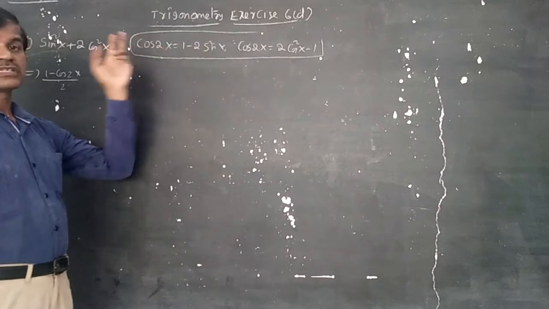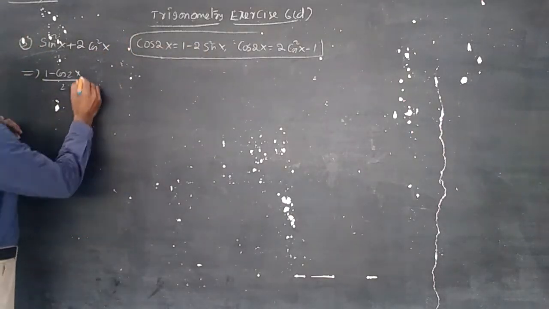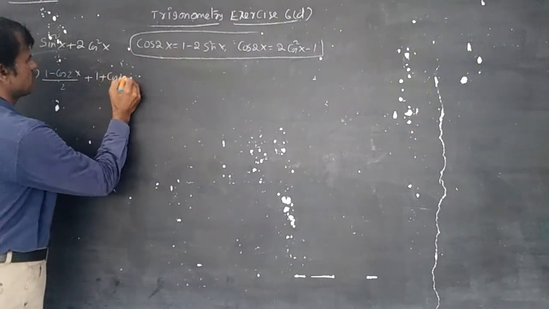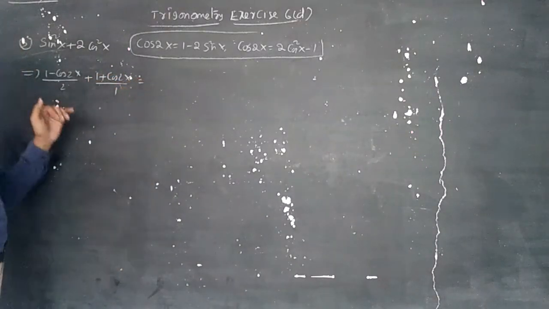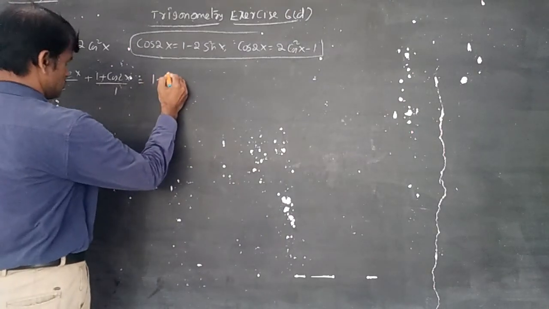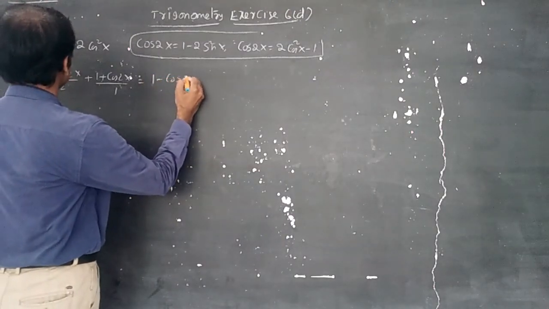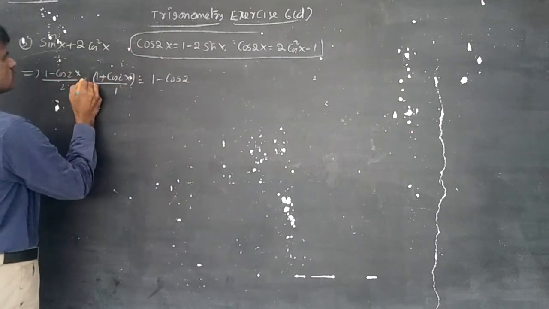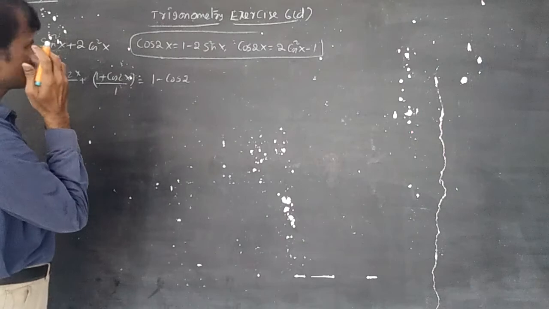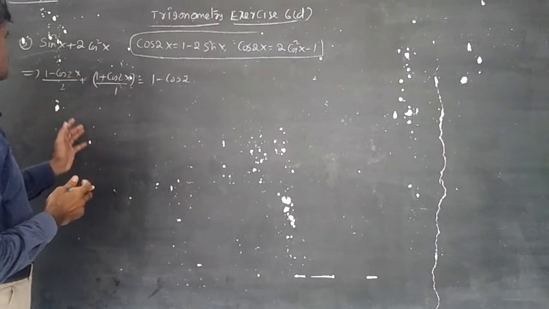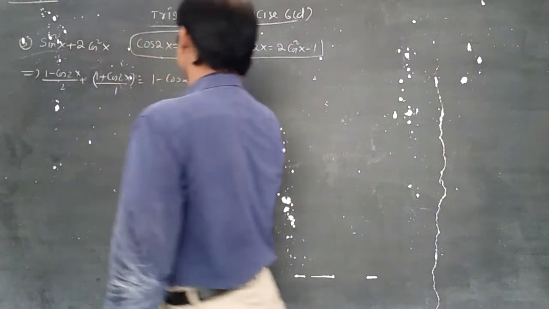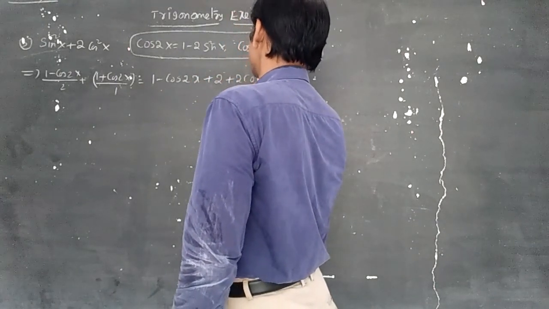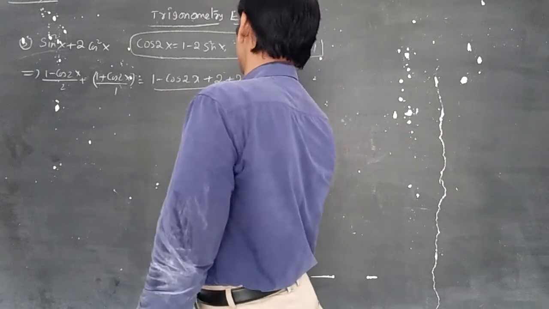Plus this 2 cos square x, which you can write as 1 plus cos 2x whole by 1. Take the LCM here: 1 minus cos 2x plus 2 plus 2 cos 2x, whole by 2.